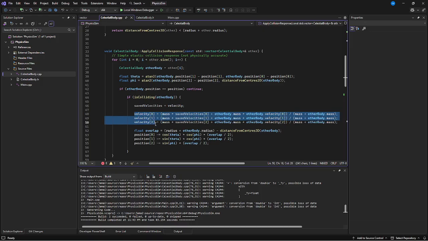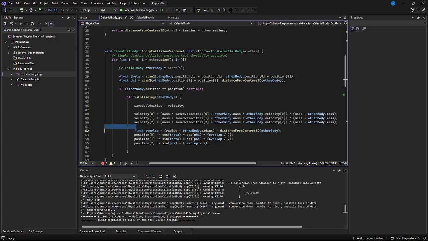But you can do this in a way simpler manner with just a for loop. You don't have to write out all three of them. Basically, this is mass times velocity. Mass times velocity is momentum, or P. So P1 plus P2, which is P total, divided by mass 1 plus mass 2, which is the total mass.